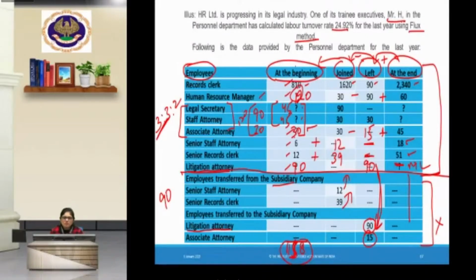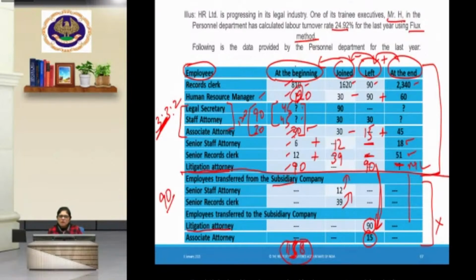You can cross check also. Legal and staff are sharing the same ratio, 3:3. So 45 and 45. So the table we have completed for the company. Ignore the subsidiary ones because they have mentioned that they make a separate set of books.